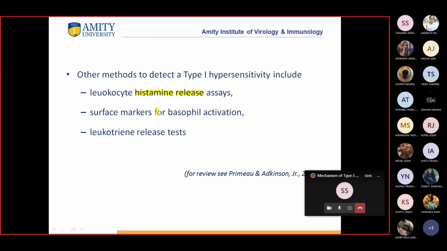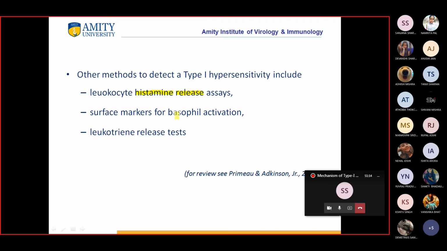Another is surface markers for basophil activation. Students, I don't know if you know this, but when a cell is in its inactive form, it does not express some molecules on its surface, but when it gets activated, it produces some markers or proteins on its surface.